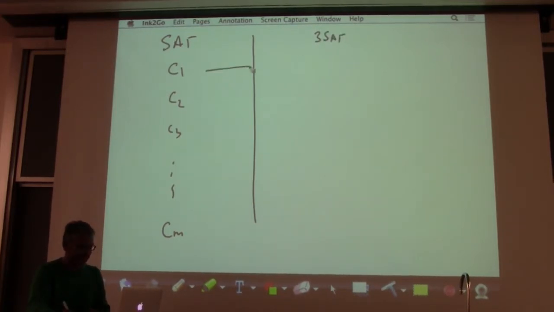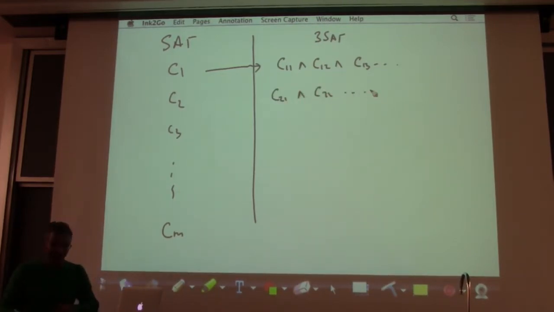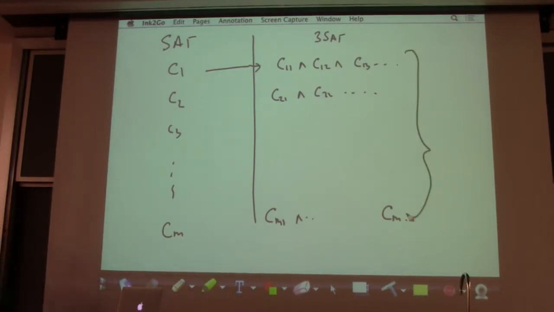Now C1 becomes C11 and C12 and C13. C2 becomes C21 and C22. And they're all anded together. So I get this gigantic instance here, and I solve this whole thing. But I've shown that it's not that much bigger.